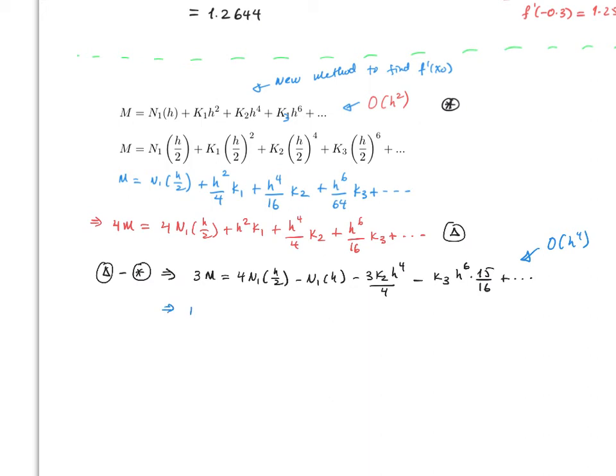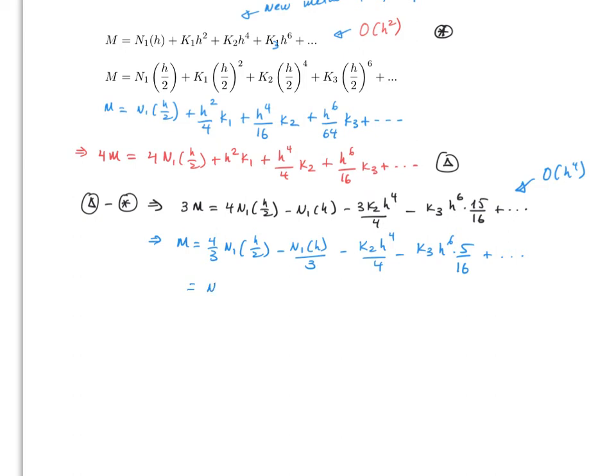So from here we have that M is equal to 4 over 3 N1(h over 2) minus N1(h) over 3, then minus K2 h to the 4 over 4, and minus K3 h to the 6 times 5/16, which you can rewrite as N1(h over 2) plus, then you factor the 1/3, N1(h over 2) minus N1(h), and then the same thing, 5/16 K3 h to the 6.